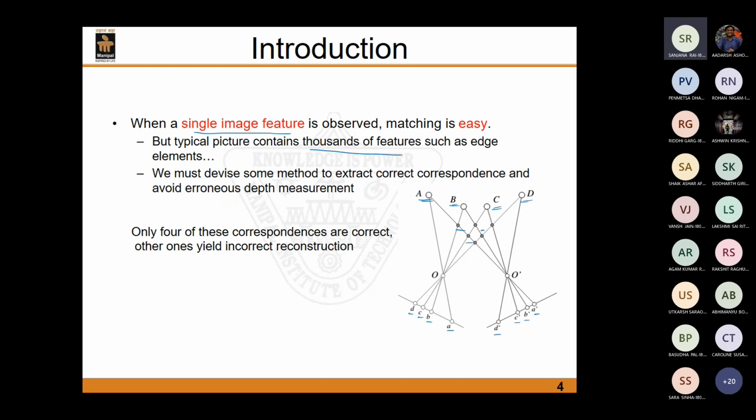Now, another point here is that let's say there are some errors in computing the 2D points from the image features. Sometimes, due to some errors, the lines may not intersect at all.